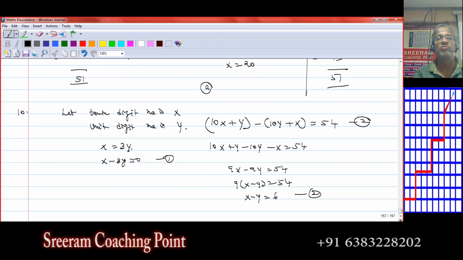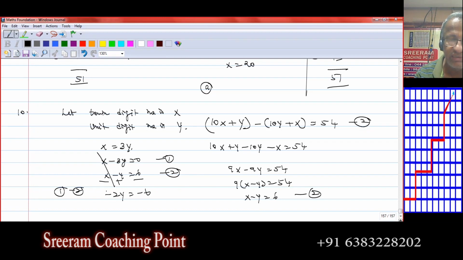This is equation number 2. So 1 minus 2: minus 2Y equal to minus 6.